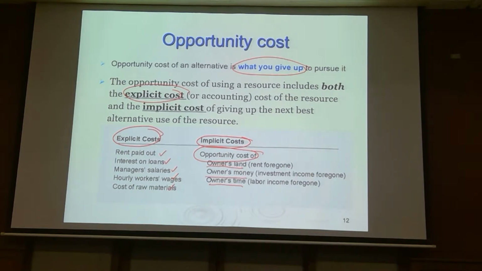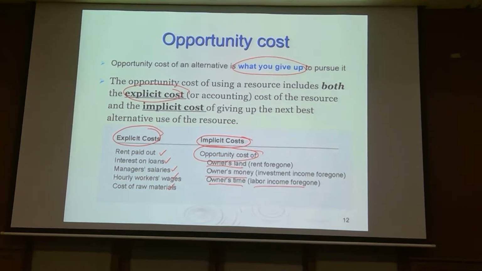Then there is the opportunity cost of time. You invest your time in this project and lose the time to do something else, or to do the next best job, for example. So you have to think about the income you forgo, the income you could earn from another job. That is the opportunity cost here.